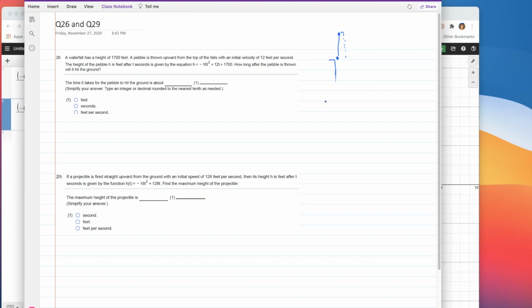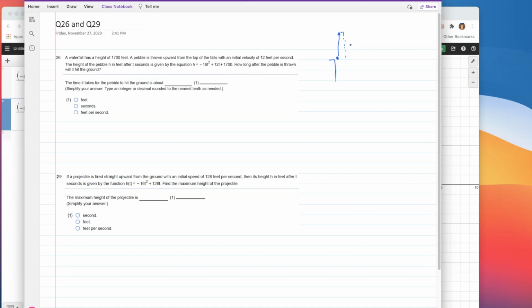And there is an equation that as the time goes by, I can determine the height of the pebble. And this equation is a quadratic equation. And the question is, how long after the pebble is thrown will it hit the ground?